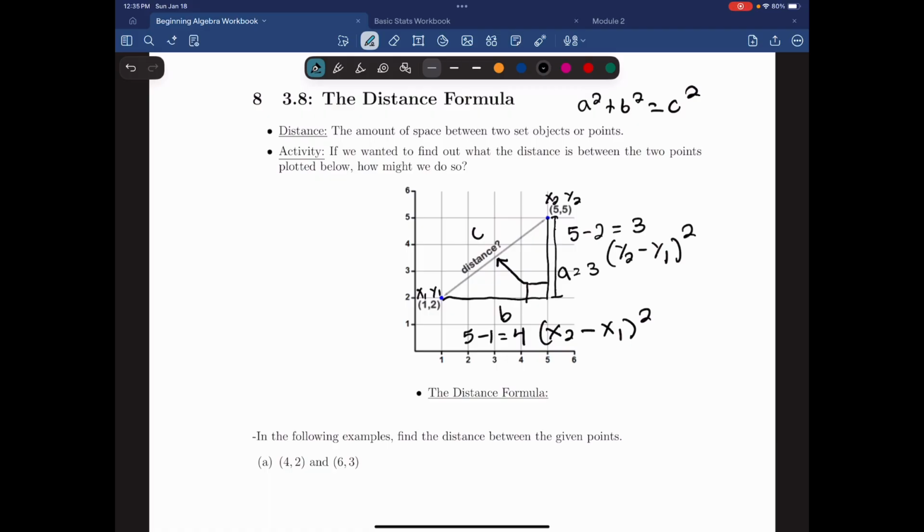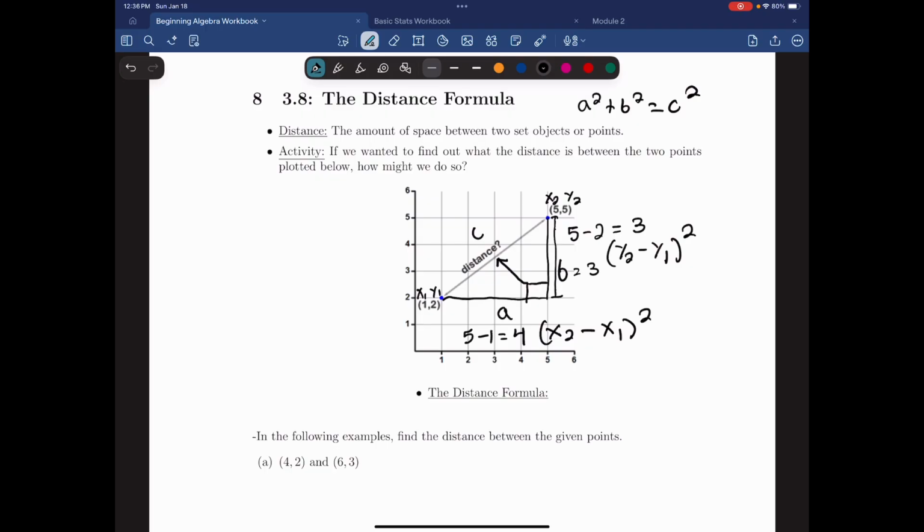So what might the distance formula be? Well, let's start deriving this, because we are actually deriving the distance formula right now using the Pythagorean theorem. Because we can interchange a and b, let's just say that this side length is b and this side length is a.